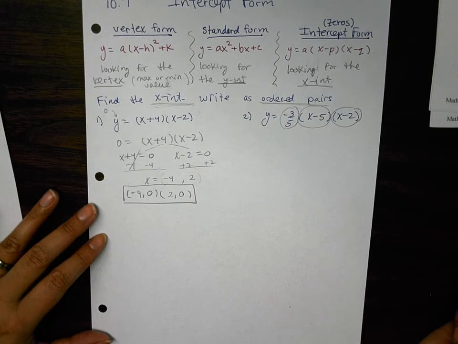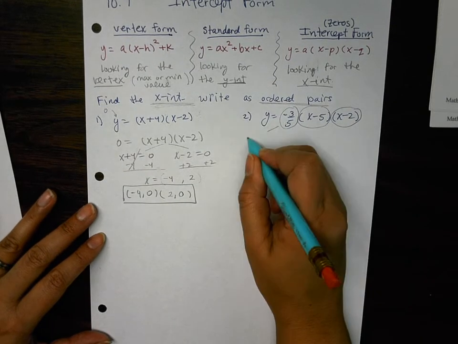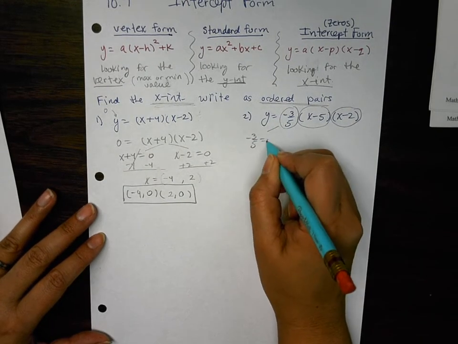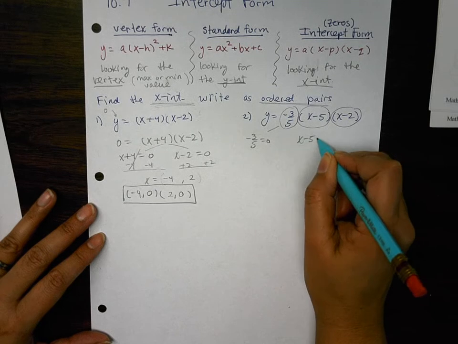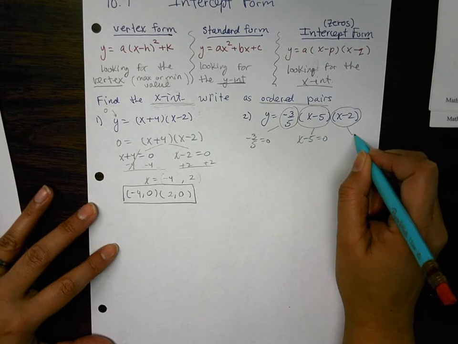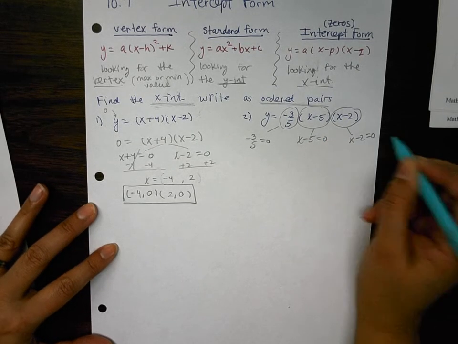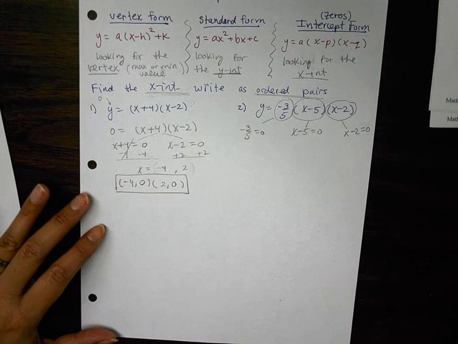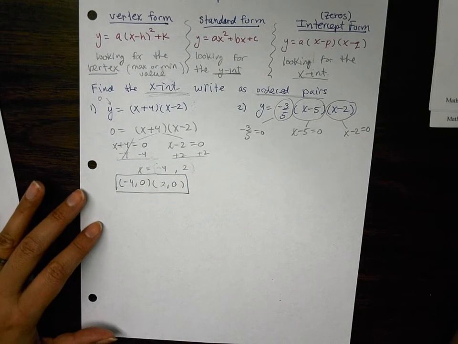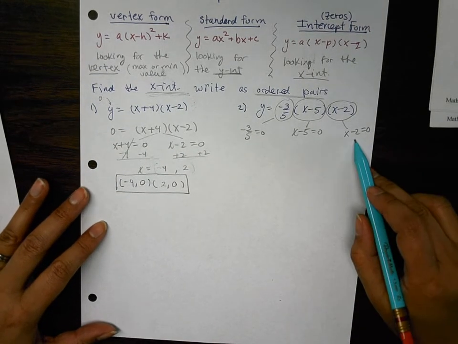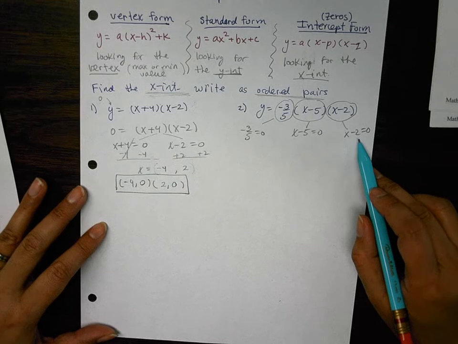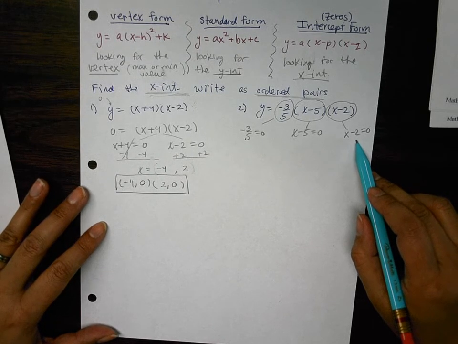I have 1, 2, and 3. Does everybody see that? So I'm going to take negative 3/5, make it equal to 0, x minus 5, make it equal to 0, and x minus 2, and make it equal to 0. How many of you can do this one in your head right now without any work? What's the answer going to be for this one I'm pointing at?